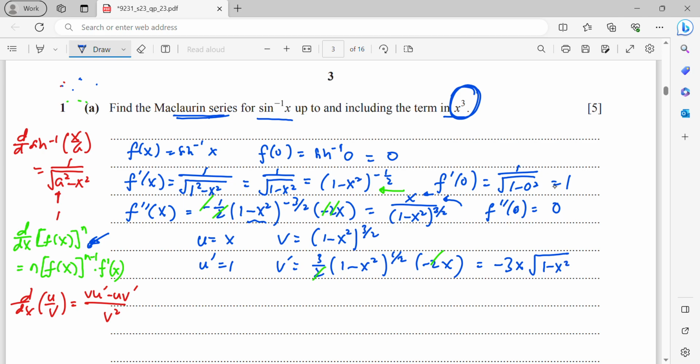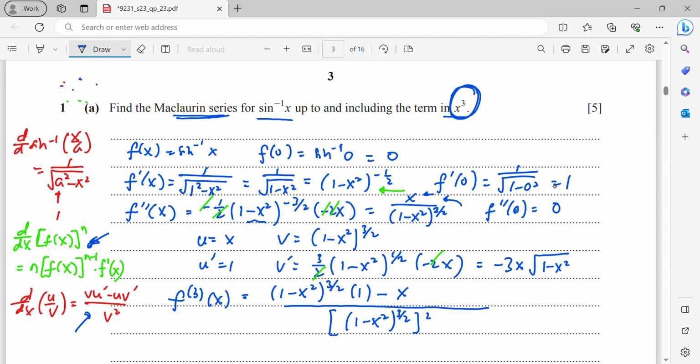Okay, so now my third derivative, by using this quotient rule, it will be over v squared, right? So it will be (1 minus x squared) to the power of 3 over 2, then squared. Then now, the numerator will be v, so (1 minus x squared) to the power of 3 over 2, u prime, which is 1, minus u v prime.